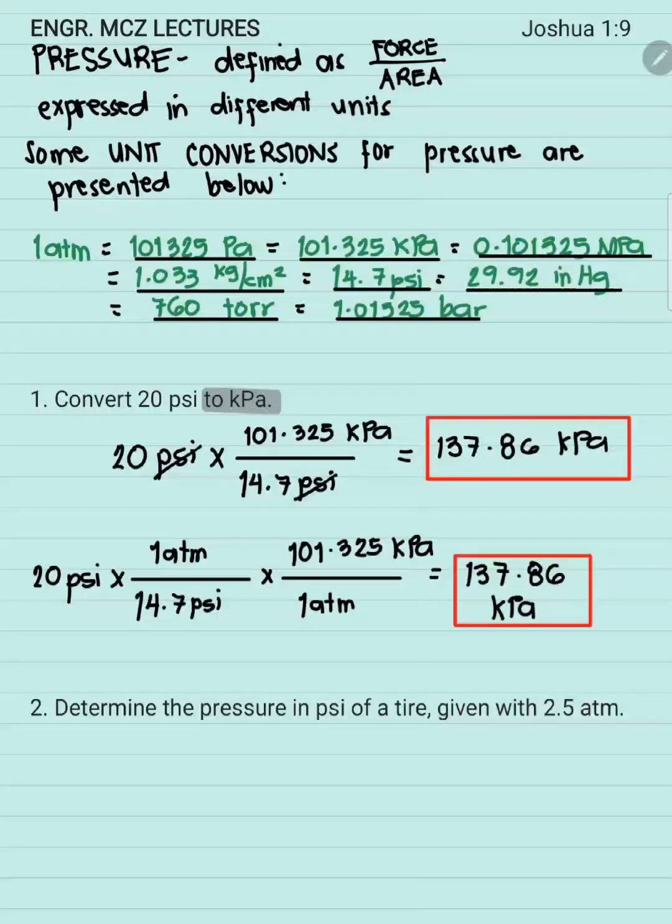It is expressed as 20 multiplied by 101.325 kilopascal divided by 14.7. You cancel the psi units and atmosphere, and we are left with kilopascal units, the same answer. You can choose either of the two, whichever is easier for you.